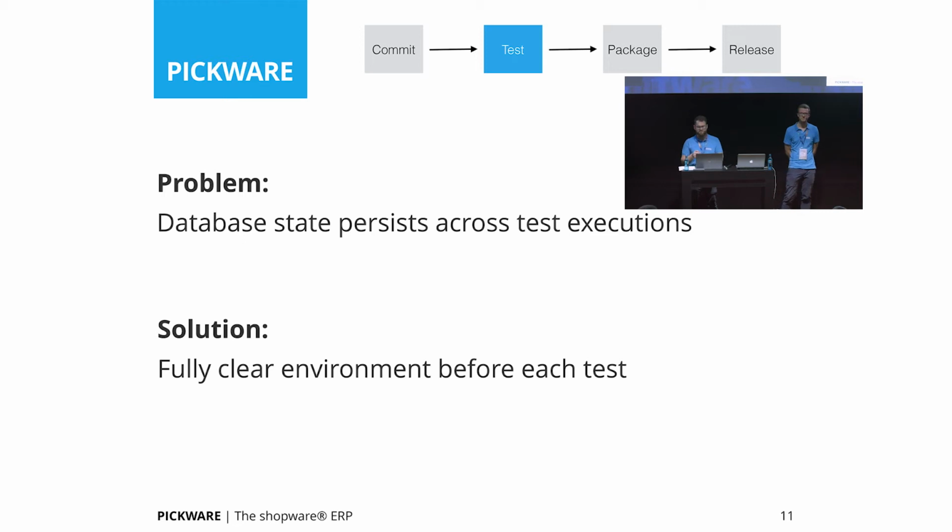So this may make the tests interdependent and make them behave non-deterministically, which is also not very desirable. So what we do instead is we fully clear the environment, like we clear the database, clear the cache, and everything before each test, which is by default before each test class, but you can also clear it before each individual test method.